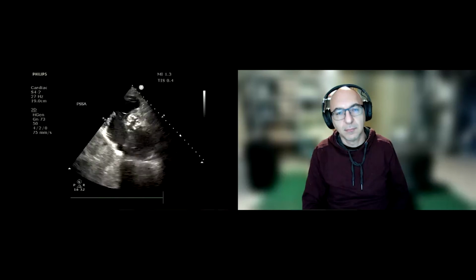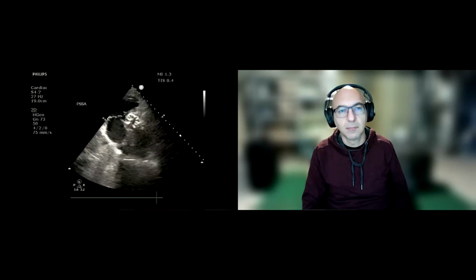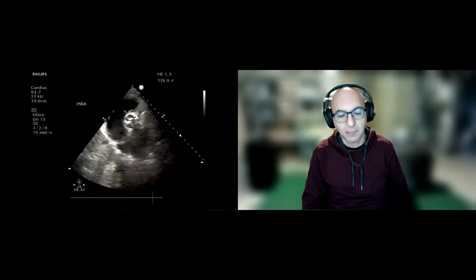While that may be a good initial strategy as we're differentiating, the question then comes up, and Z and I were talking about this beforehand: number one, is that the best strategy? But number two, what if something goes sideways, the patient becomes hypotensive or something like that, and we need to intervene upon that?